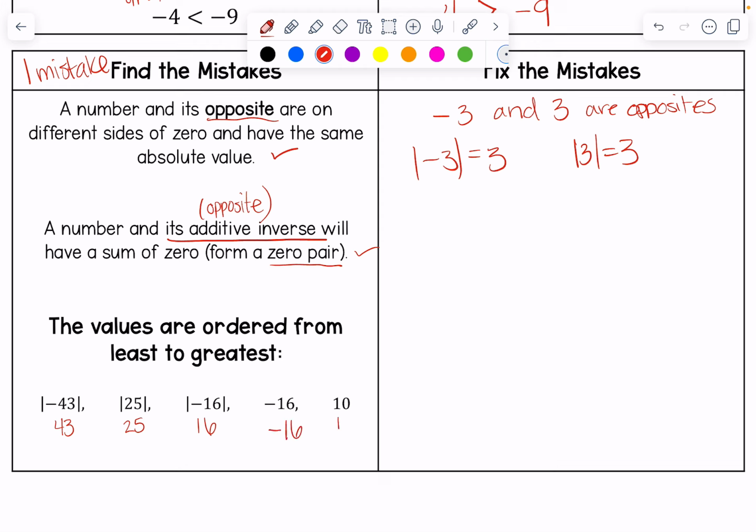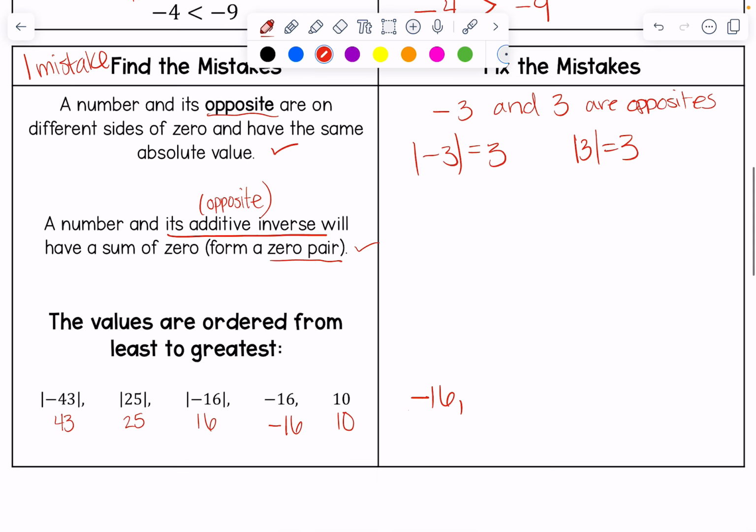Then we have -16 and 10. To order these from least to greatest, I want to think of the number furthest on the left to the number furthest on the right. Furthest on the left would be our -16. Then if I look at the rest of these values, next would come +10. Then it would be this +16.